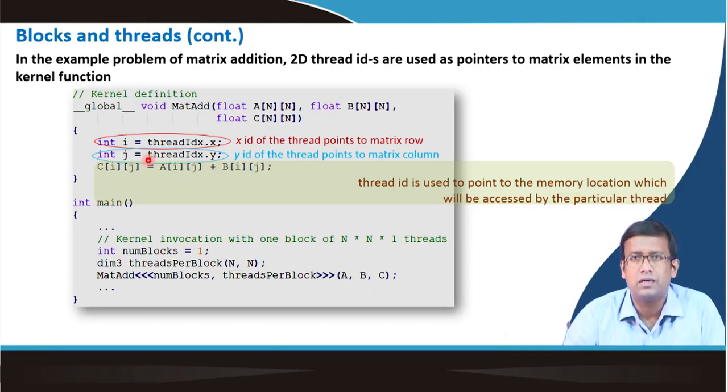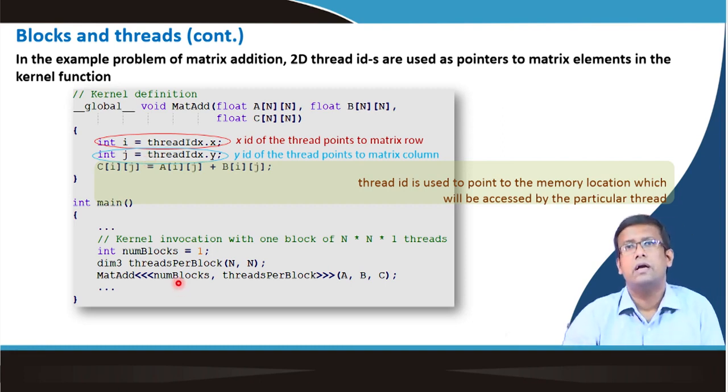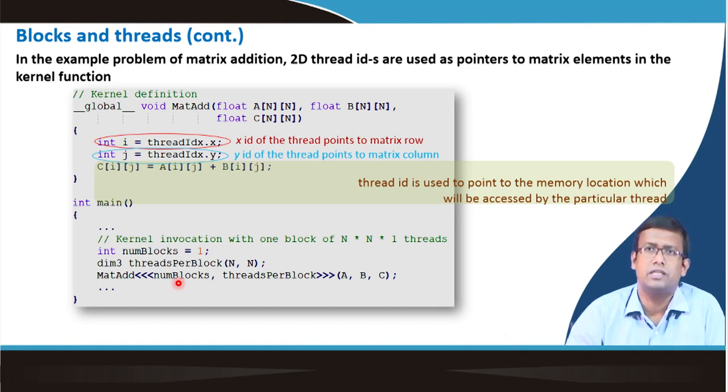This is simply obtained here because we have launched only one block. Because we have launched only one block, thread ID x and thread ID y can directly correspond to the element location or the indices of the matrix. Each thread can be directly mapped to one element of the matrix.